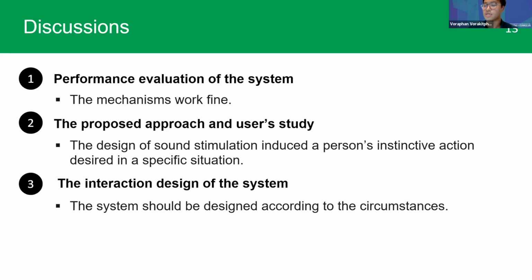And also the design of the sound stimulation induced a person's instinctive action desire in the specific situation. So this design stimulus can act as a nudge and route the person's behavior such that they unintentionally adjust themselves in social distancing.